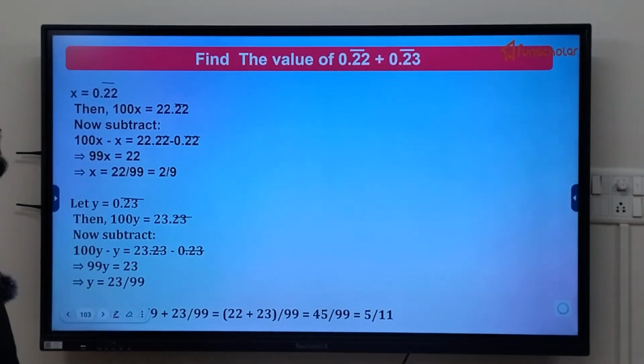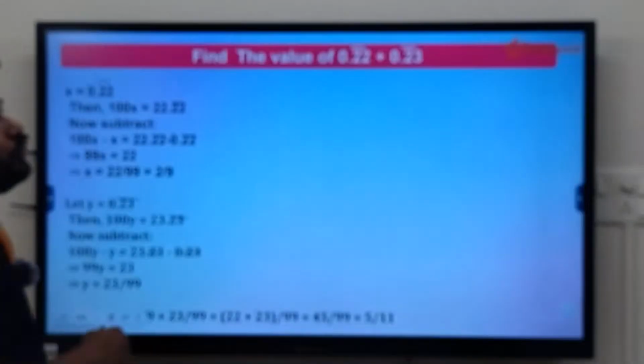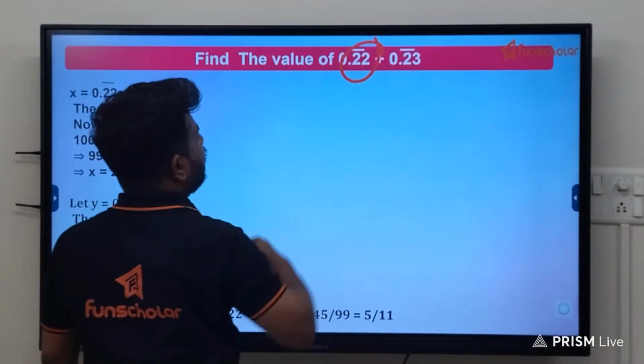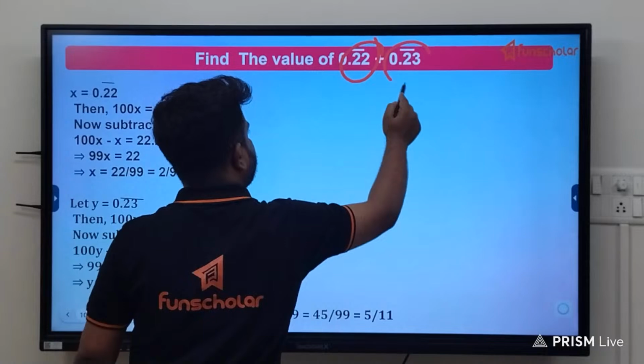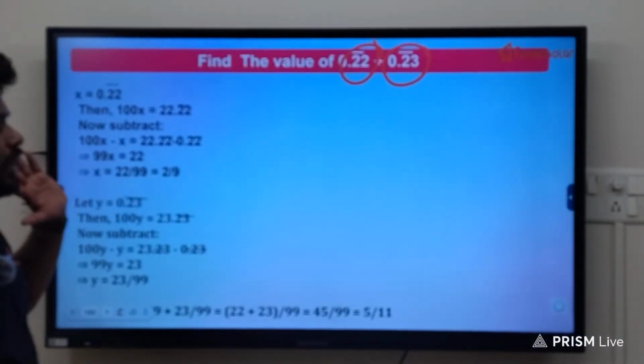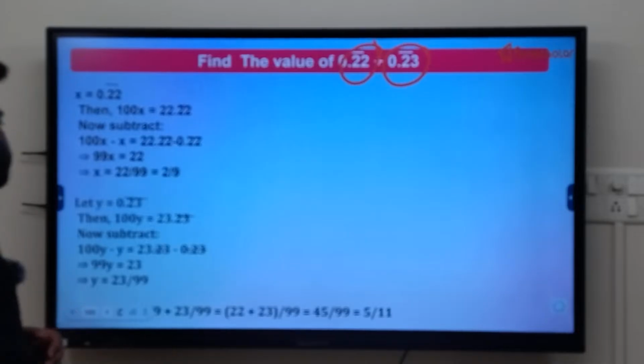Find the value of 0.2222 bar. This is a recurring decimal number. Both are recurring decimal numbers. We have already learned in the last class how we calculate recurring decimal numbers in this process.